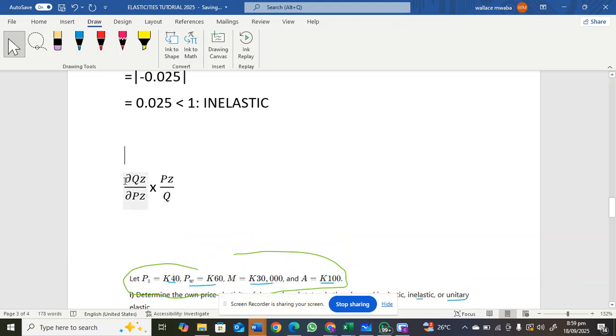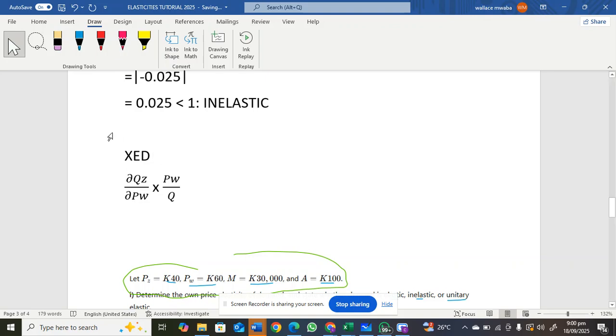You take the partial derivative of your demand function with respect to PW, because PW is the price of the other good, multiplied by PW over Q. This is the cross price elasticity of demand formula.